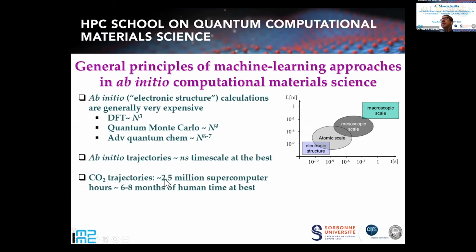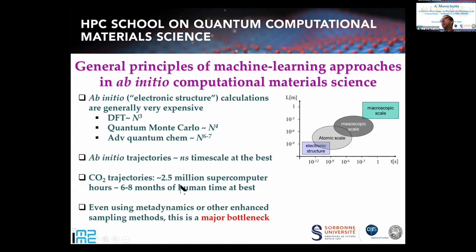To give an idea, all the simulations that I presented in the CO2 case took about 2.5 million supercomputing hours, which, just for running the calculation, besides exploiting and analyzing, is a lot of human time, really a lot. So this is a major bottleneck.